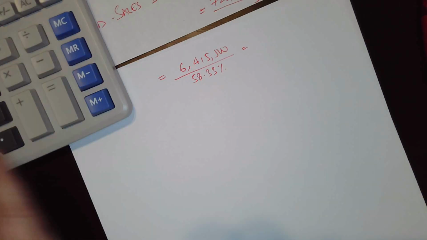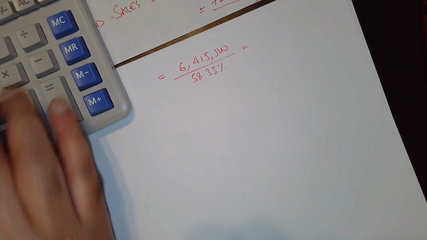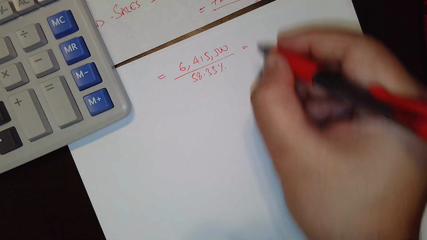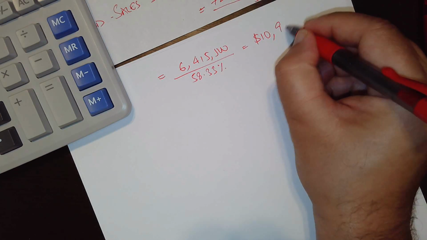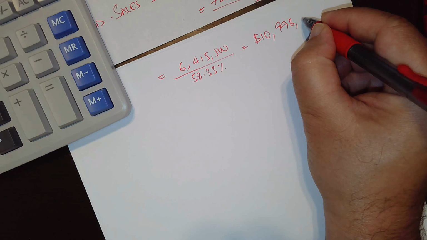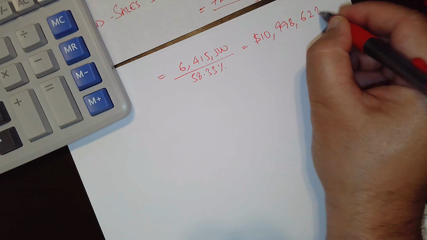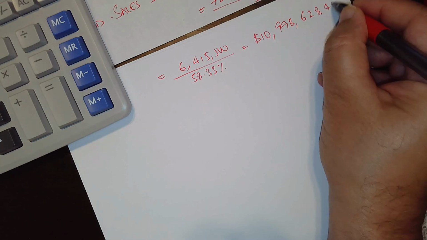When we divide this by 0.5833, that will give us $10,998,628.43. All right.